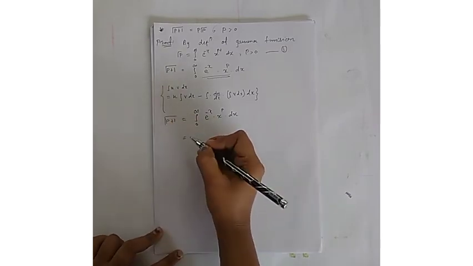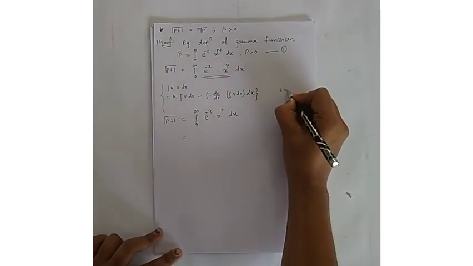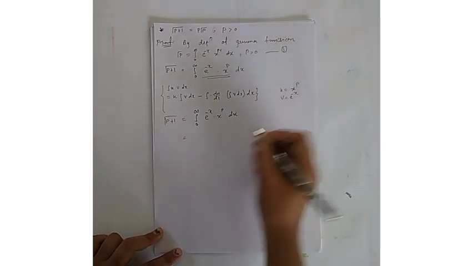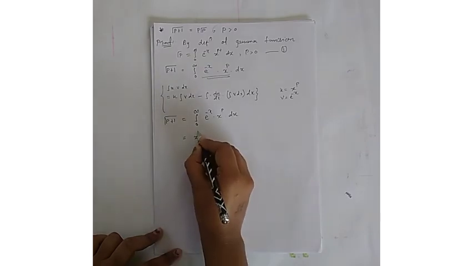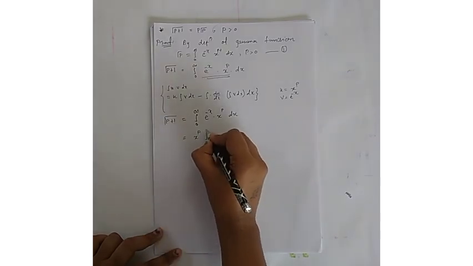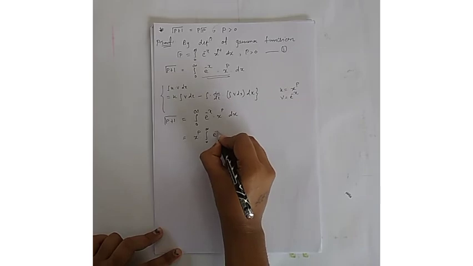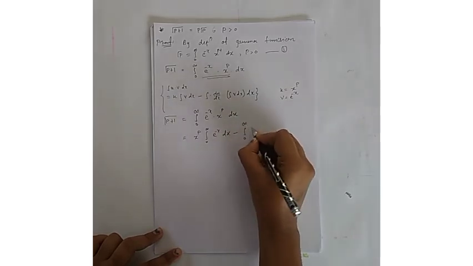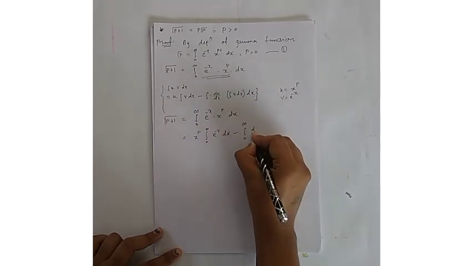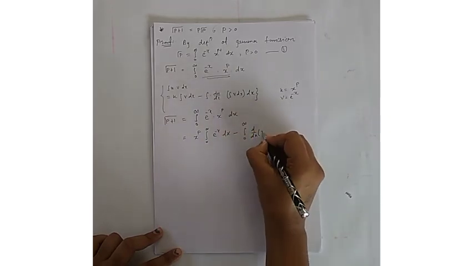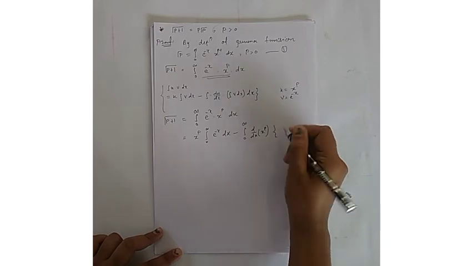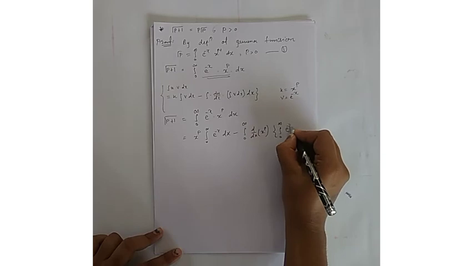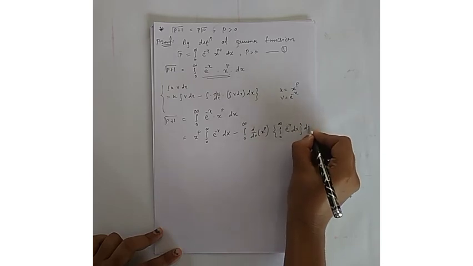I choose u as x raised to p and v as e raised to minus x. So first, x raised to p into integration 0 to infinity e raised to minus x dx, minus integration with limit 0 to infinity of du by dx, putting the value of u, that is x raised to p, into integration of e raised to minus x dx, and dx.